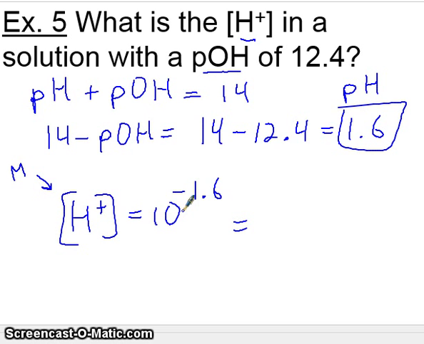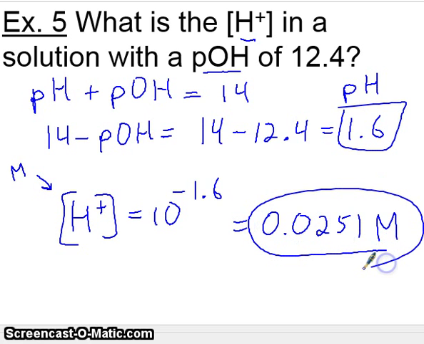So do 10 raised to the power of negative 1.6, and that should give you 0.0251. This does have a unit on it. This will be molarity, because we're solving for concentration. So simple as that. So we're essentially going backwards.